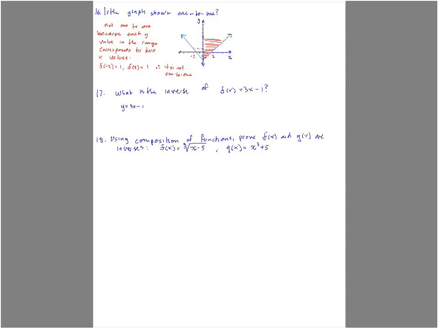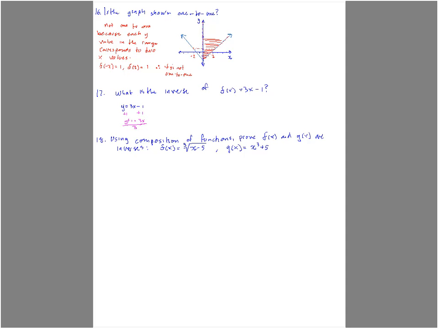And so the inverse is basically solving for x, right? So we go ahead and do our basic rules of solving for variables. Go ahead and add 1 to both sides. So we get y plus 1 is equal to 3x.